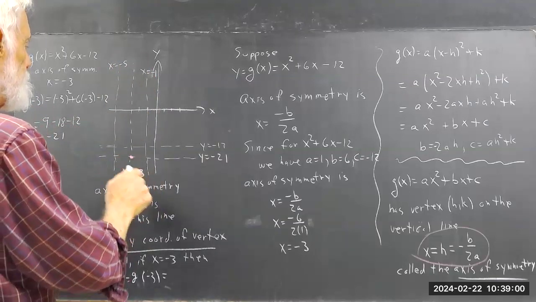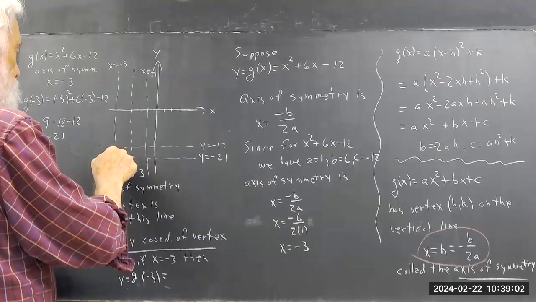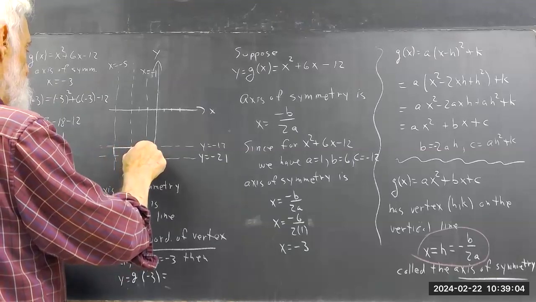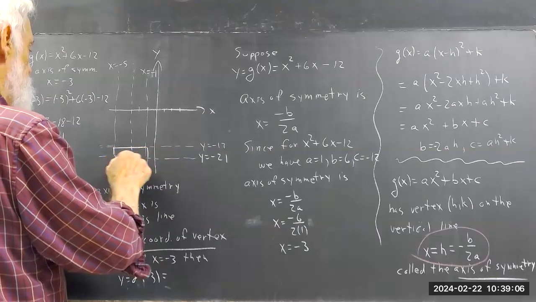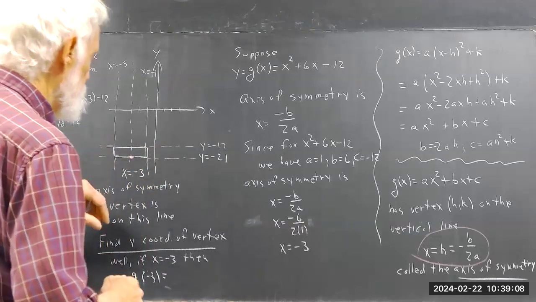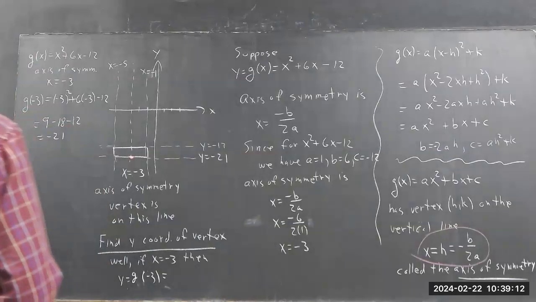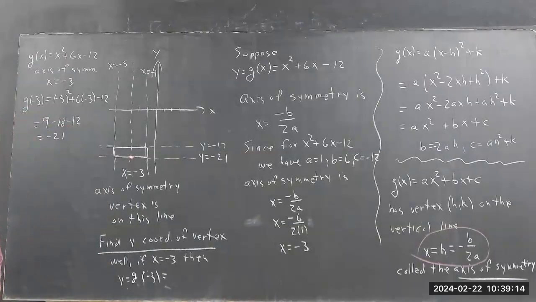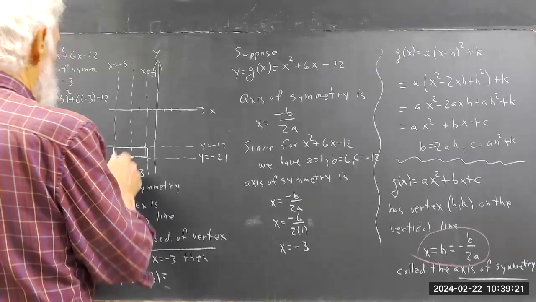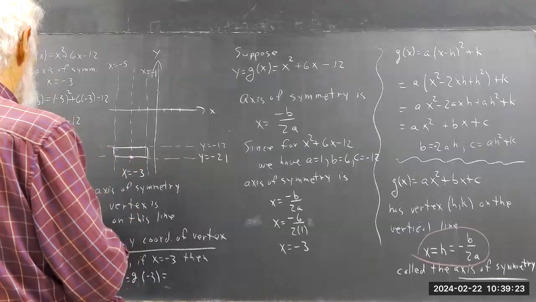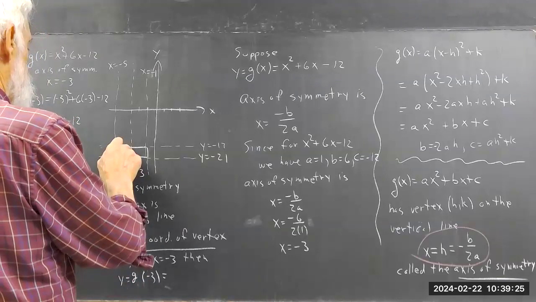And now we've got lines that bound a 4x4 square that doesn't look like a square, because my y scale is different than my x scale. And I can sketch a facsimile of the graph.